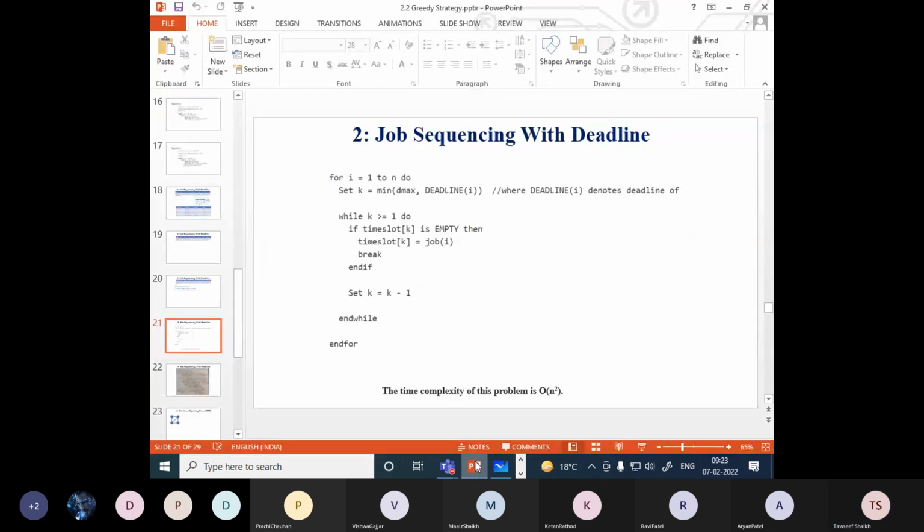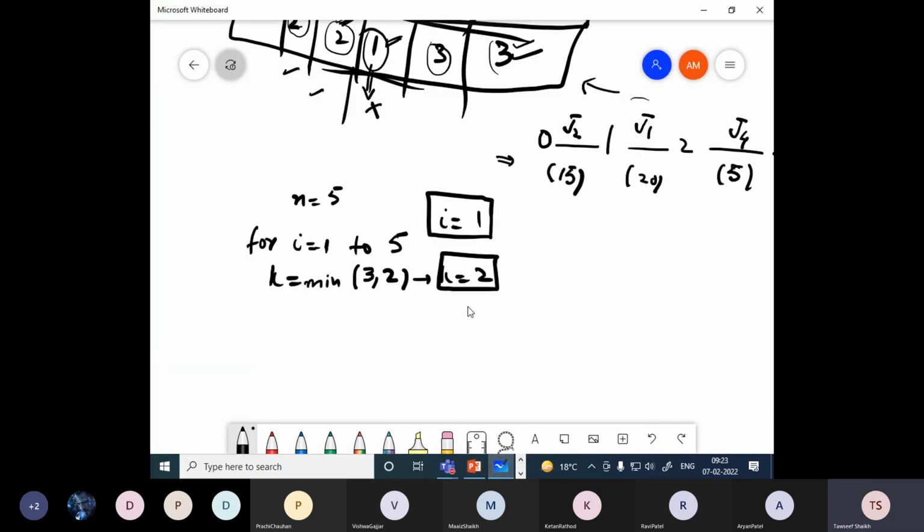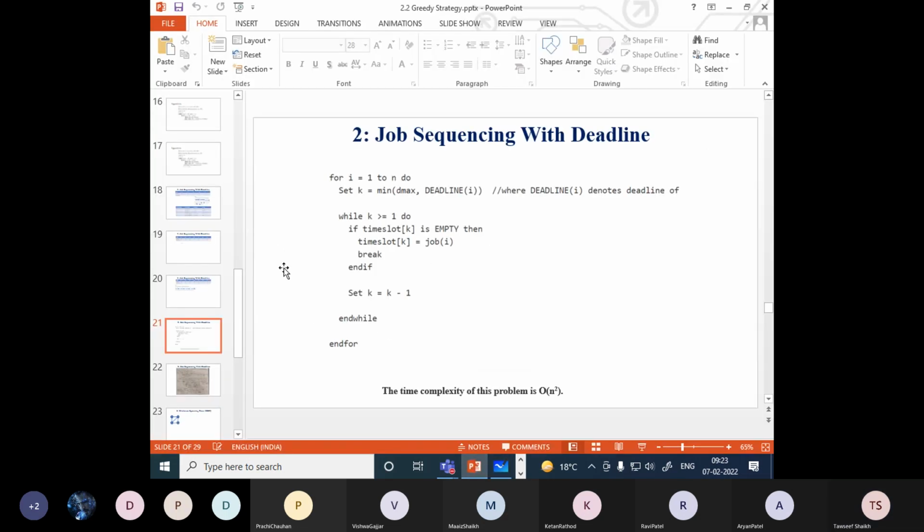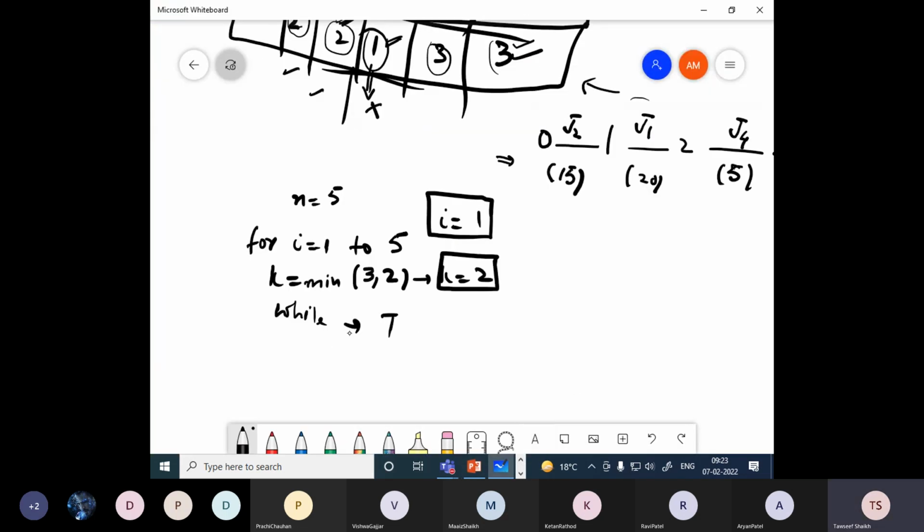Then the while loop starts. And what does it say? If k is greater than or equal to 1. K is 2, so the while condition is true. The next step is if time slot of k is empty, which means if time slot of k equal to 2 is empty.